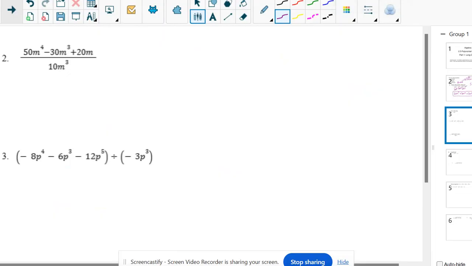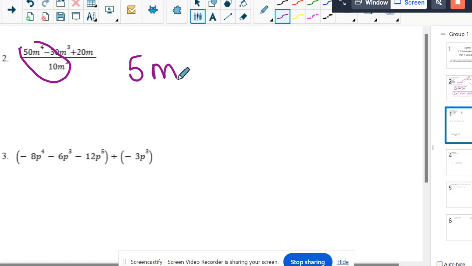For number 2, you can divide each of these terms by 10m to the 3rd. You can only do that because the denominator is a monomial. You can't divide like this if the denominator has more than one term. You would have to use long division, like we will do on the next page. So 50m to the 4th divided by 10m to the 3rd would be 5m to the 1st power, and then minus 30 divided by 10 is 3, and there's no more m because they cancel out.